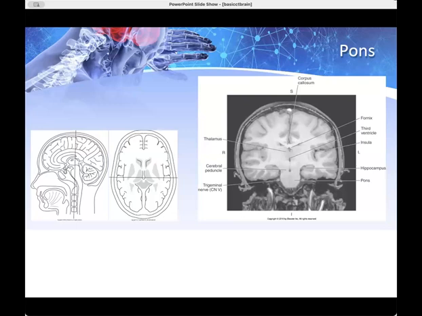The pons creates a prominent bulge as it lies just posterior to the clivus and anterior to the cerebellum. The term pons literally means bridge. This definition is appropriate because the pontine fibers relay signals between the spinal cord and the cerebral and cerebellar cortexes.